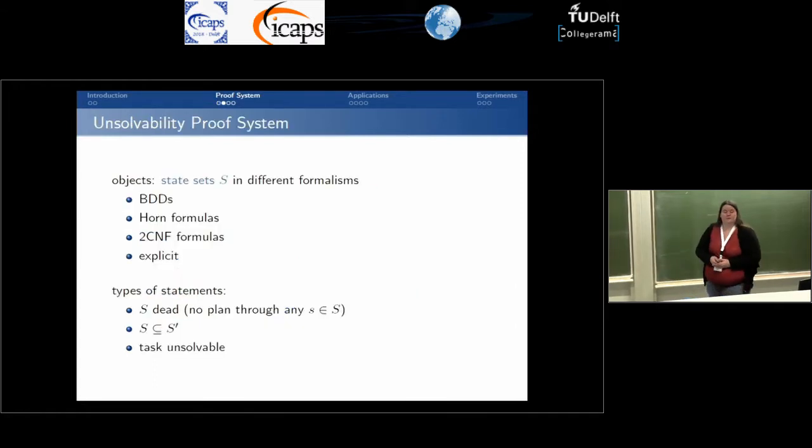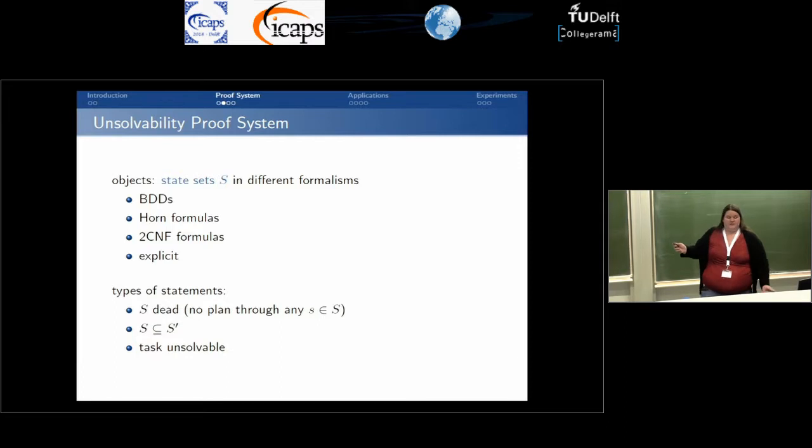Now, what does our proof system look like? We are talking about state sets in our proof system, and we consider different formalisms in which those state sets are given. So in this work we considered BDDs, Horn formulas, 2CNF formulas, and explicit set representation, meaning we just list all the states in the set.